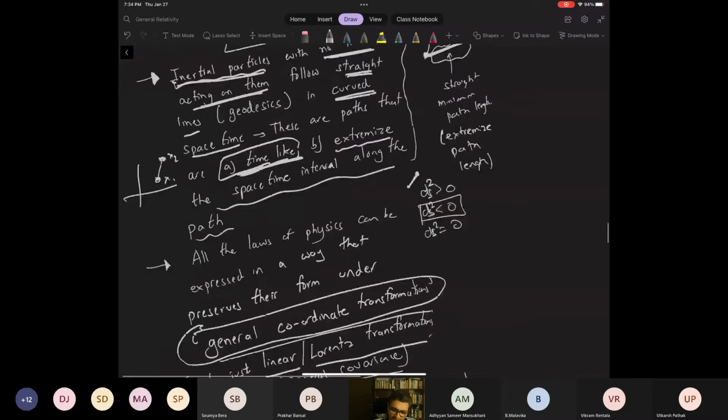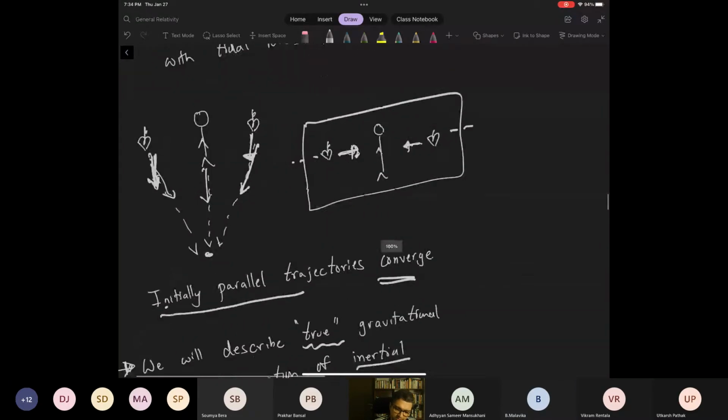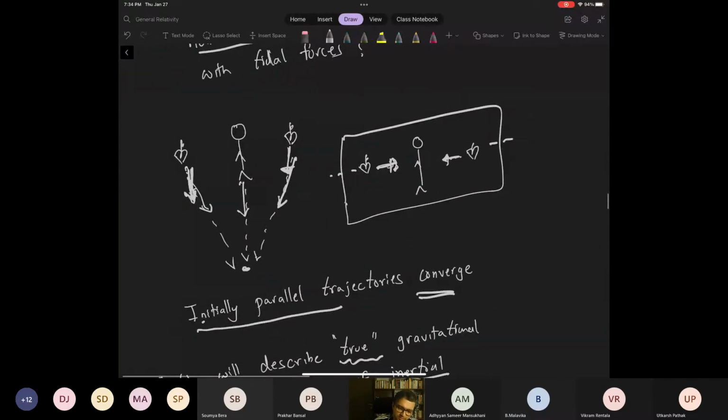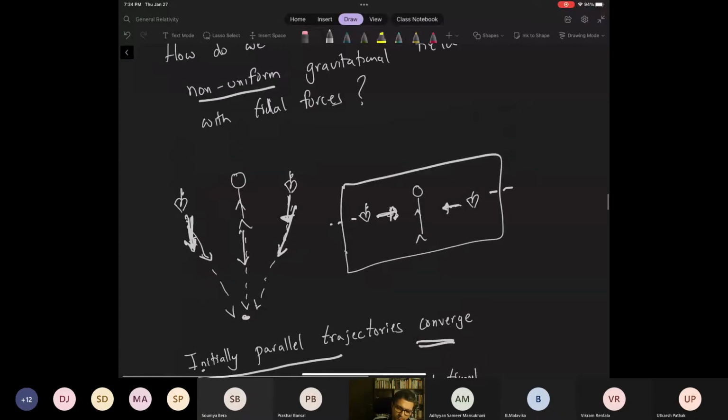No, historically, the idea really comes from non-uniform gravitational fields. The physical point is that you have inertial observers. Inertial observers in Minkowski spacetime, if you imagine those two apples, will just stay here.